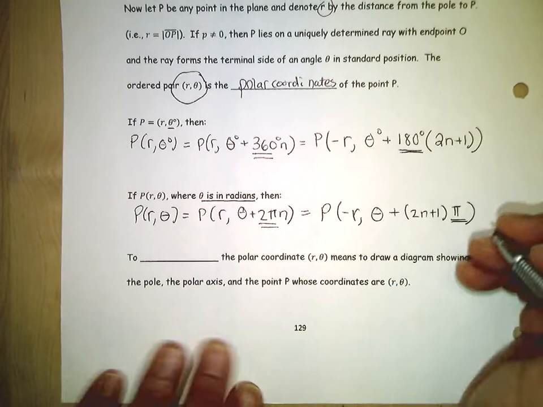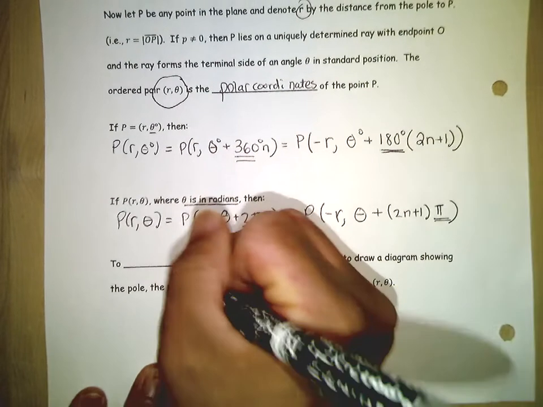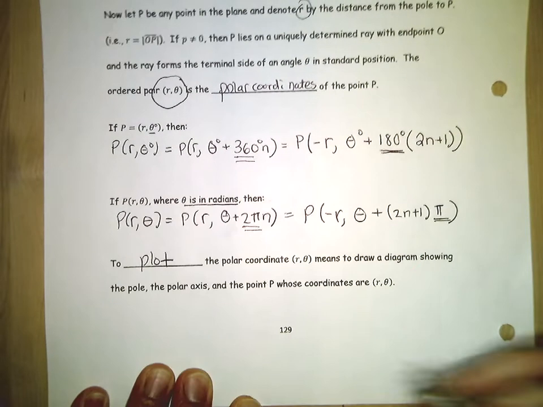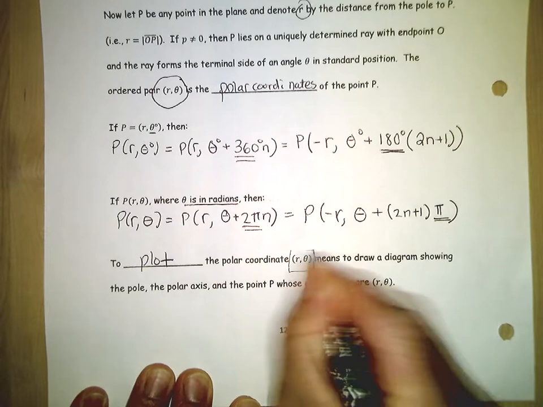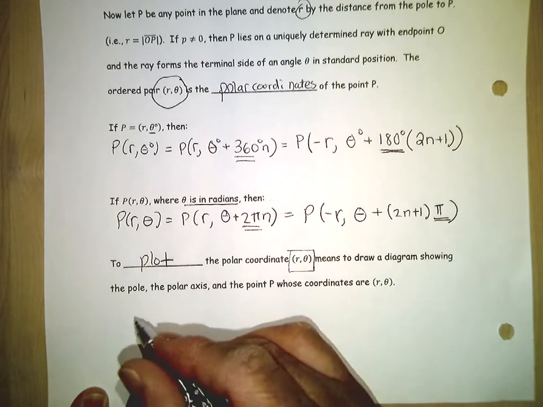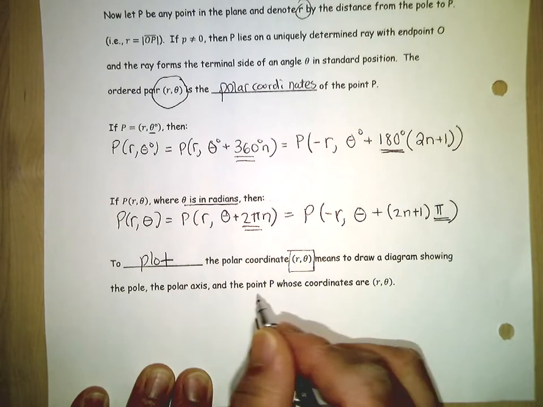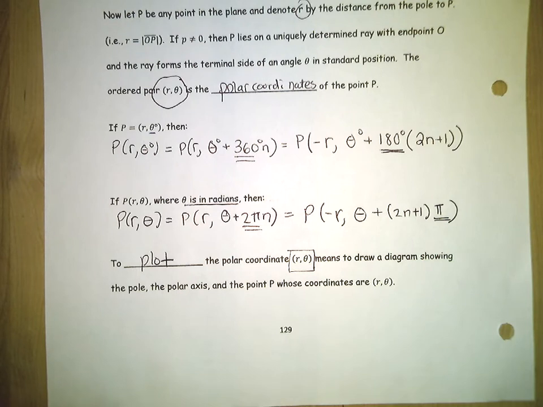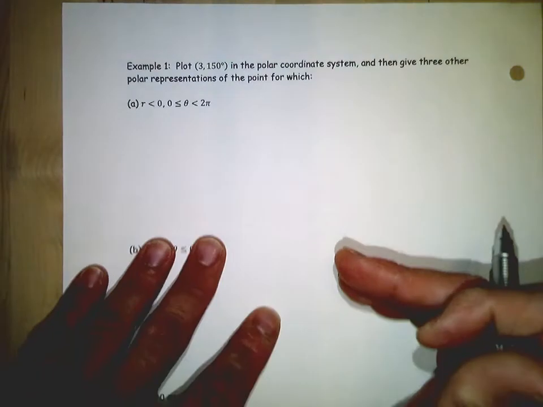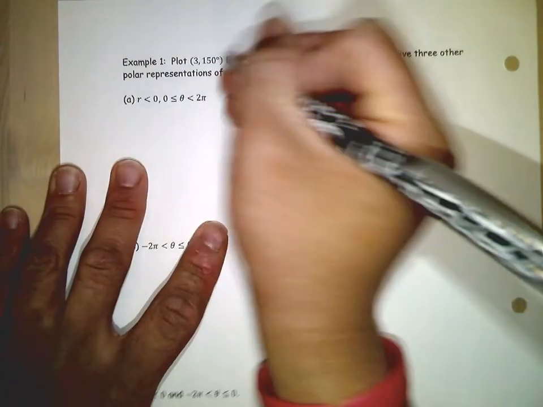So to plot the polar coordinate (r, theta) means to draw a diagram showing the pole, the polar axis, and the point P whose coordinates are (r, theta). All right, so let's do an example here. Let's plot the point (3, 150 degrees).